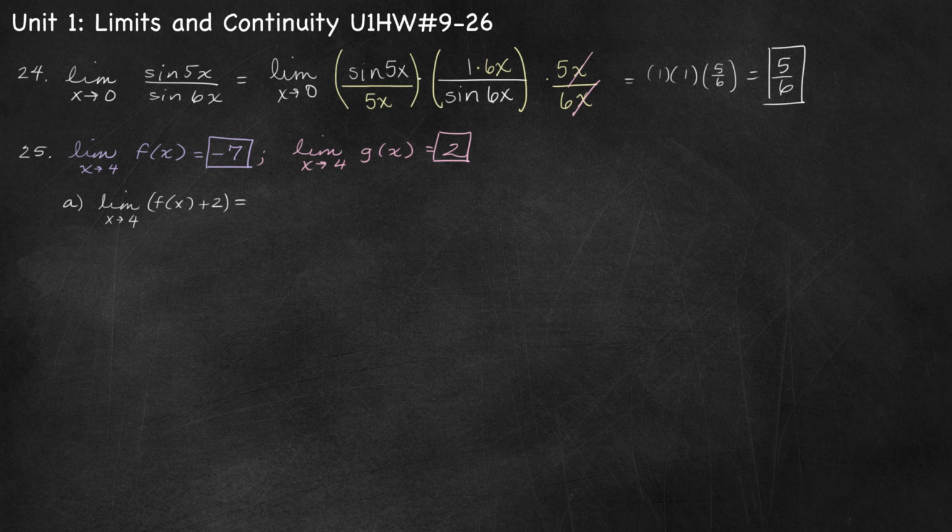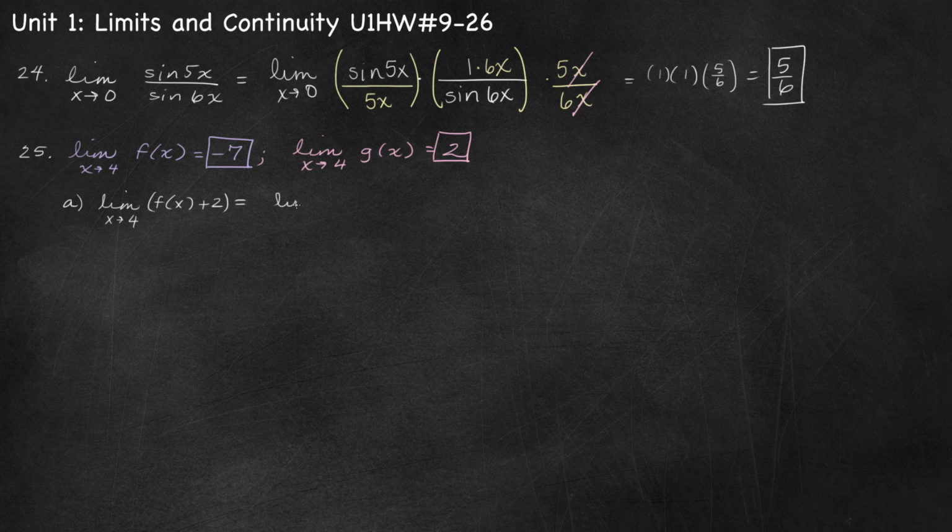Number 25, we're given the fact that the limit of f as x approaches 4 is equal to -7, and the limit of g as x approaches 4 is equal to 2. And we are asked to find the limit as x approaches 4 of f plus 2. So we're going to split this up.